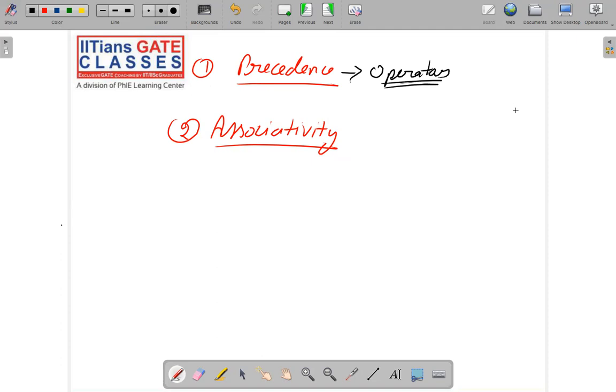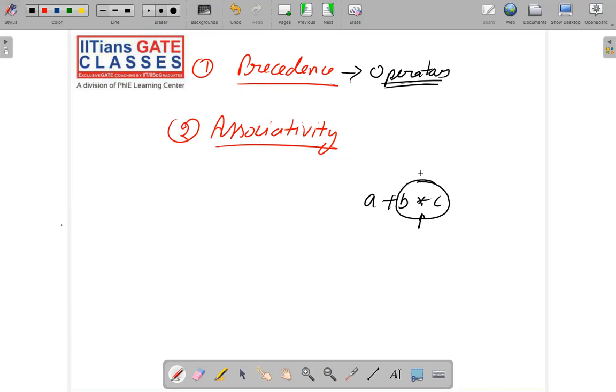Generally in mathematics, in any examination you give, the precedence will be given. If an expression is written like a plus b star c, it will be given that star has higher precedence. It means this operation will be performed first.